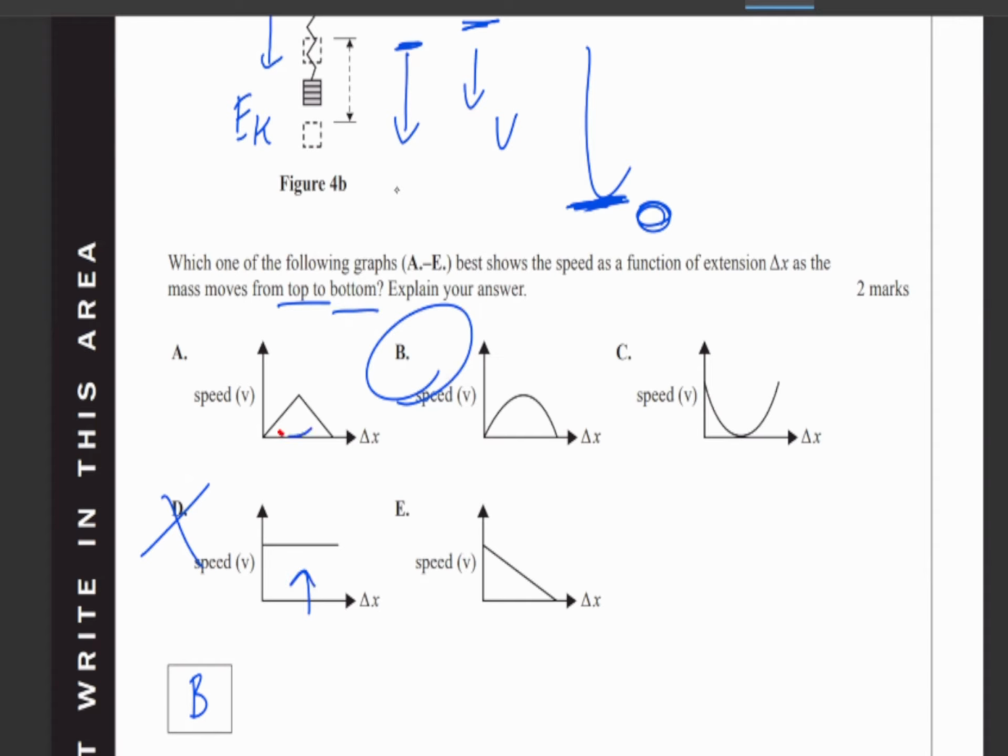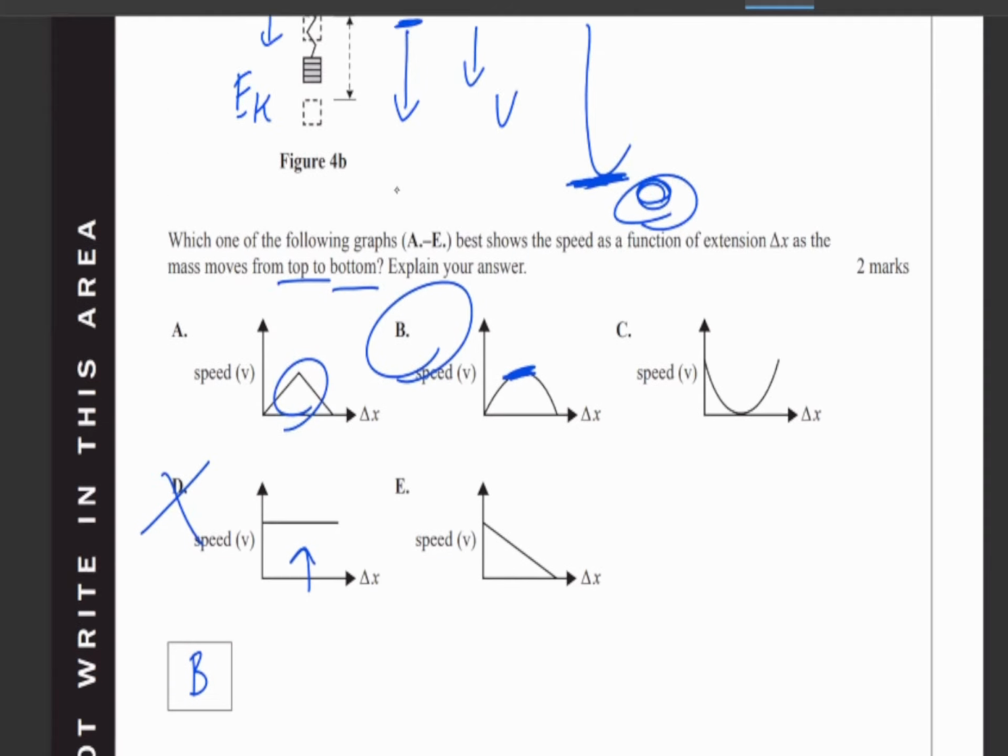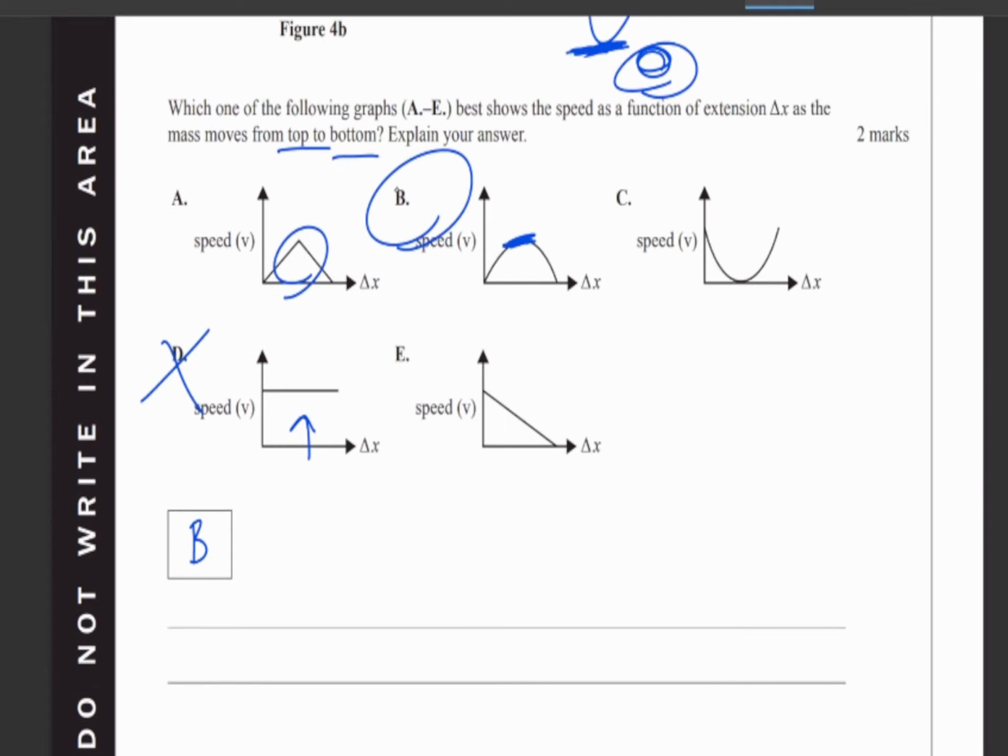And this doesn't make sense because it's going to plateau when it reaches the bottom. So B makes the most sense.